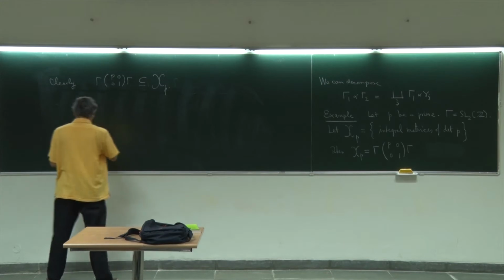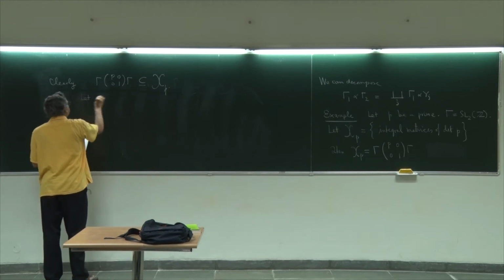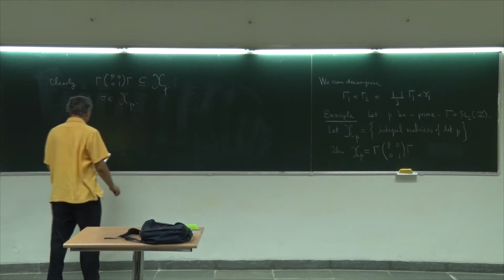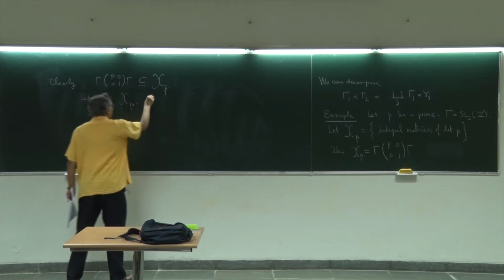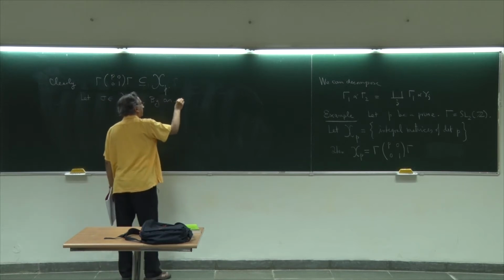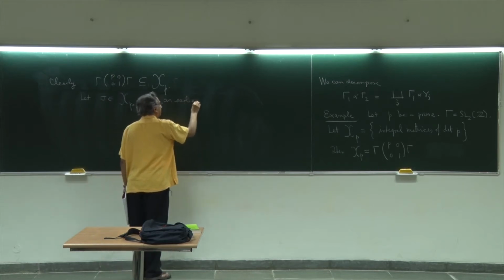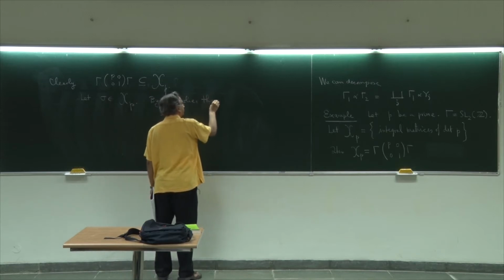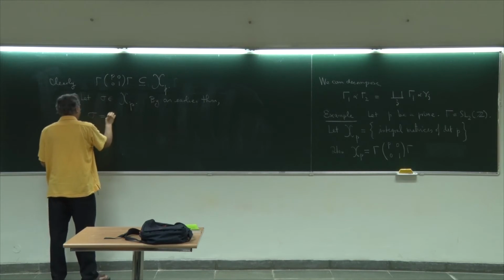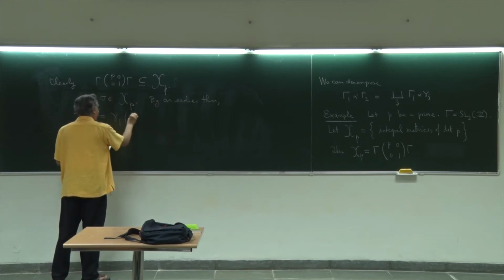All right, to show the reverse, let σ be an element in here. By an earlier theorem of yesterday, we can write σ as γ1 times (a b; 0 d).